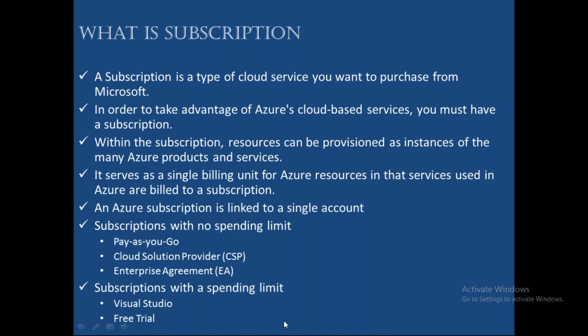Next, Visual Studio. With Visual Studio you will get $150. But you get Visual Studio if you are working in companies like TCS, Wipro, DXC, and HP, and some other companies, right? These companies will provide this Visual Studio subscription. Under the subscription, every month you will get $150.